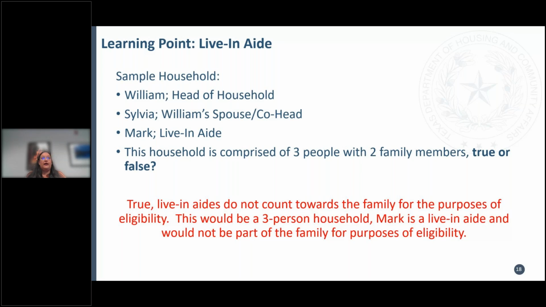I can think of several different scenarios, but if that child would be part of that household for any other reason, then that is almost going to negate your live-in aide scenario, because they are an extension of the live-in aide, and they would not be able to be part of the household otherwise. So if you run into that, definitely reach out if it's unclear or you're not sure that that's the case, and we can dig into your specifics a little bit deeper.